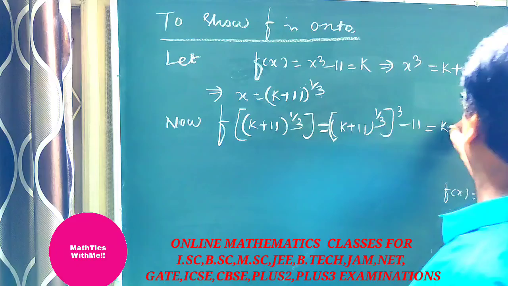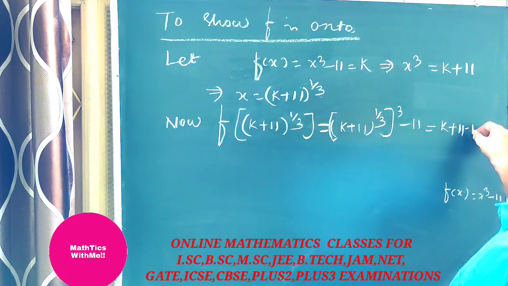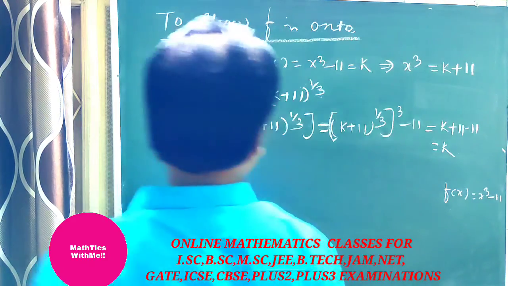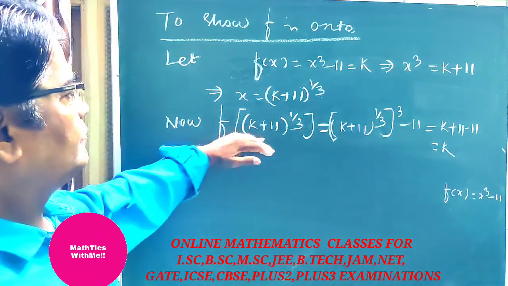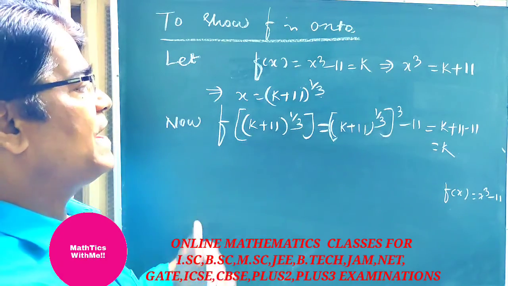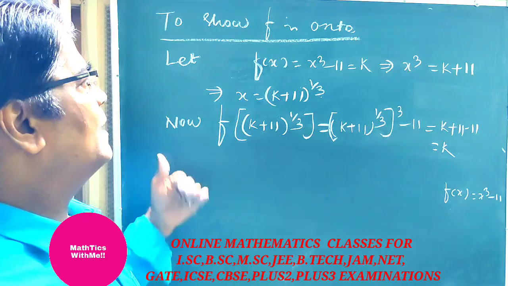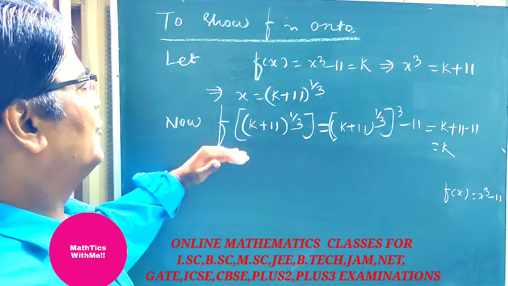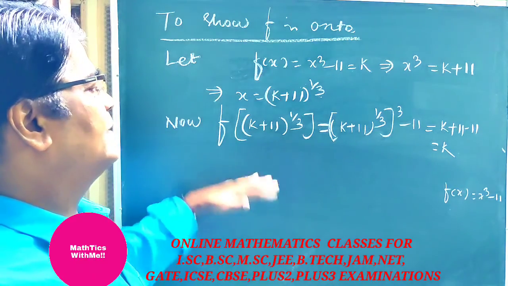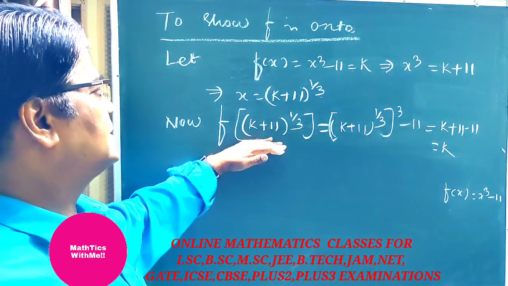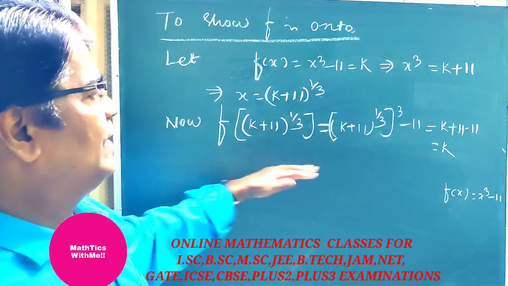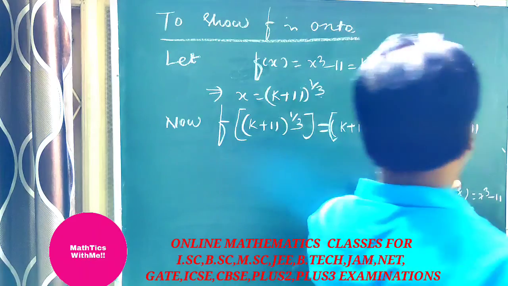So this is k plus 11 minus 11 is equal to k. It means what? For k belongs to range R, we find an element (k plus 11) to the power 1 by 3 in domain R such that under the function f it is related to k.